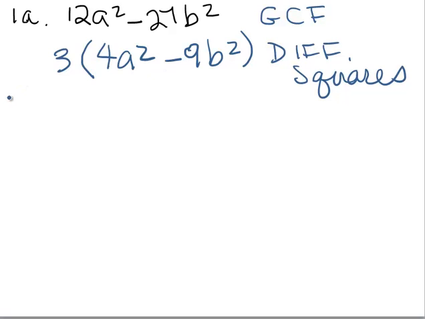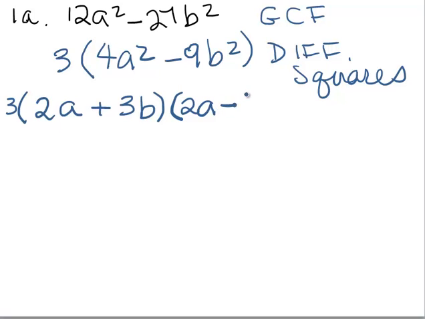That will break down into the square root of this minus the square root of that. The square root of 4 is 2, the square root of a squared is a, plus the square root of 9 is 3, the square root of b squared is b, times the same thing minus 3b.